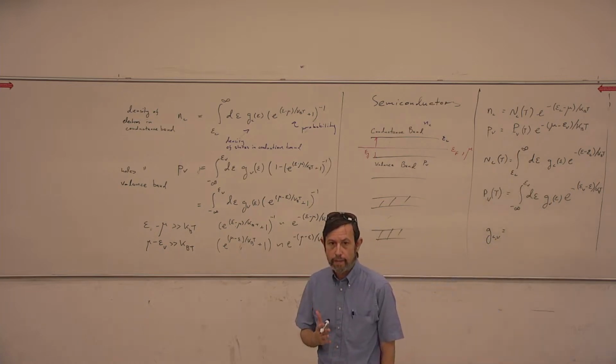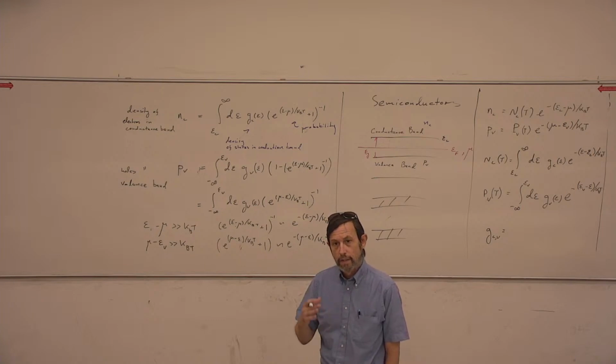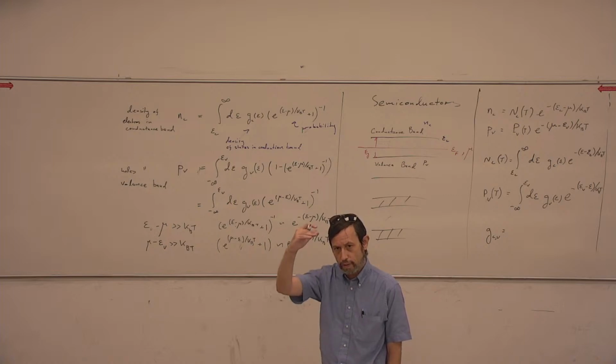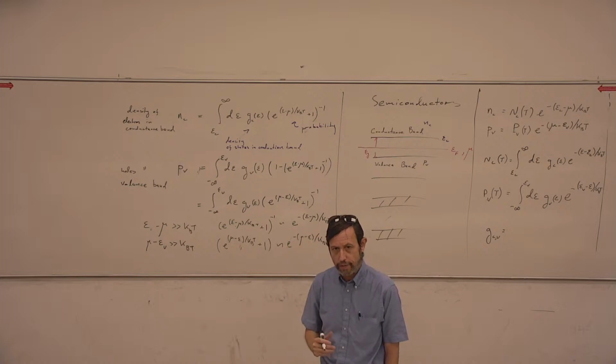What is the density of states close to the edge of the conductance band or close to the top part of the valence band? Yes, but what is the physical behavior there?